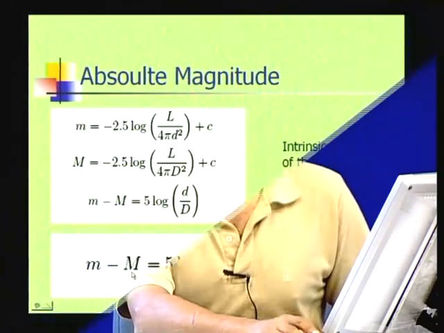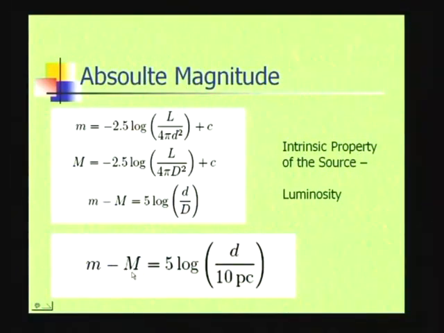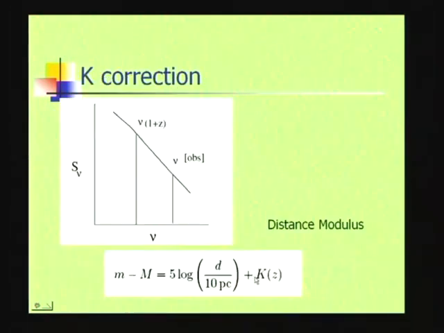Now, if I can measure the redshift of the object, I can then determine the distance to the object. I can use that distance to calculate what the absolute magnitude should be. So that should tell me the luminosity of the object at the same frequency nu where I am doing the observation.